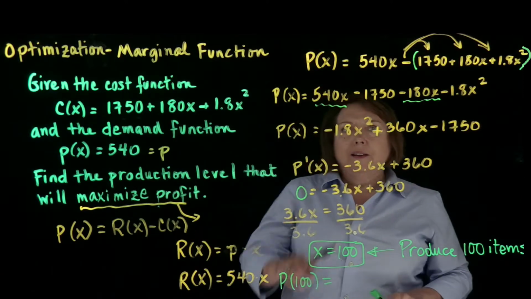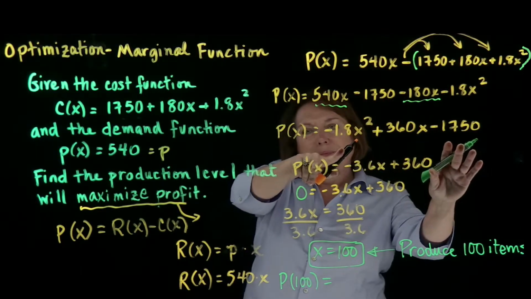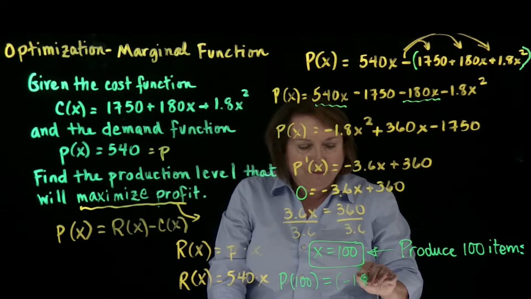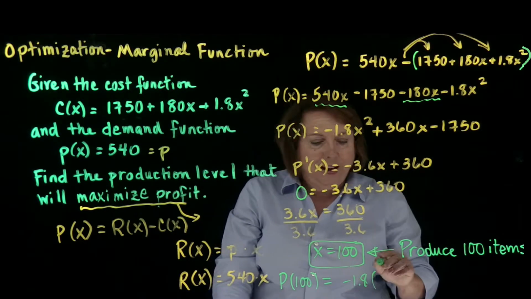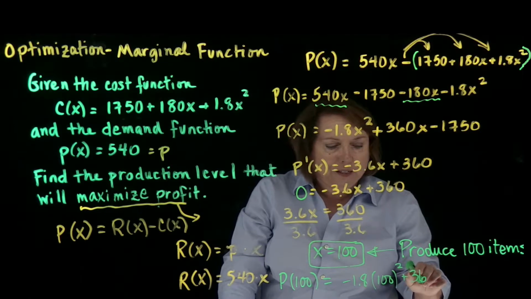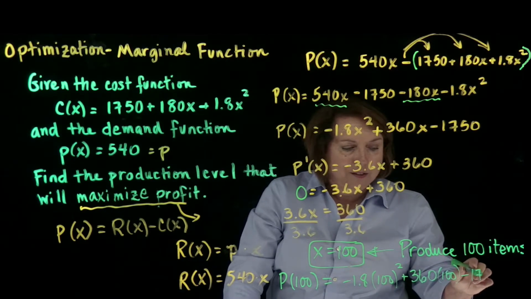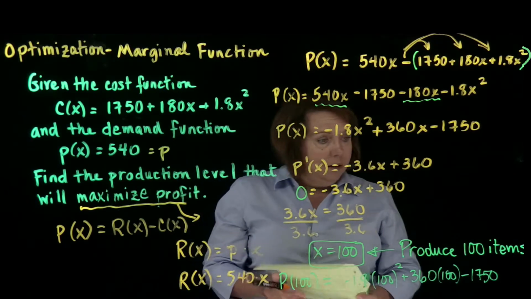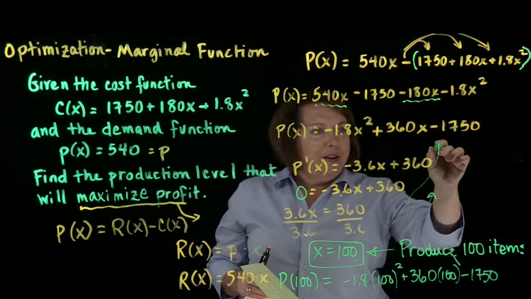So let's calculate the profit with x equal to 100. Negative 1.8 times 100 squared plus 360 times 100 minus 1,750. Let me bring this up a little bit higher so that we can finish the problem off.